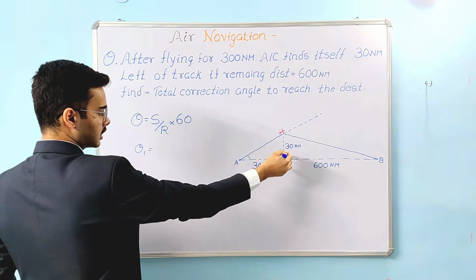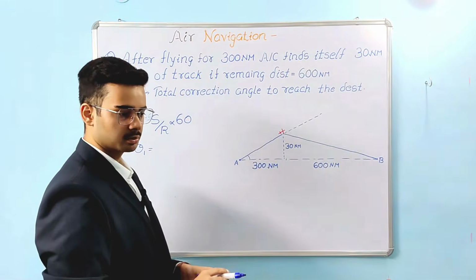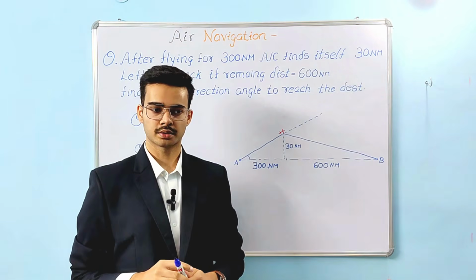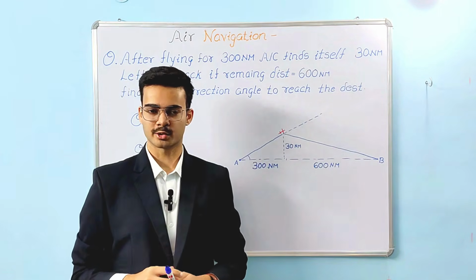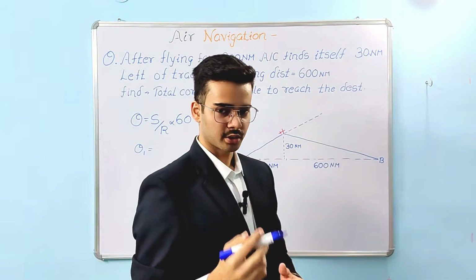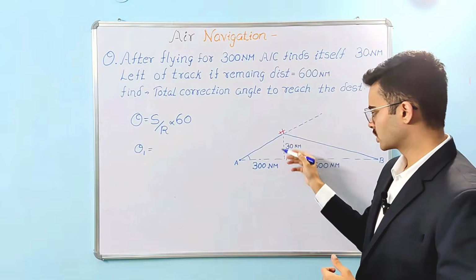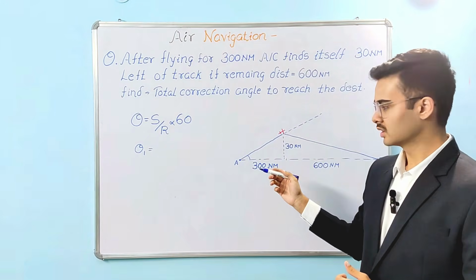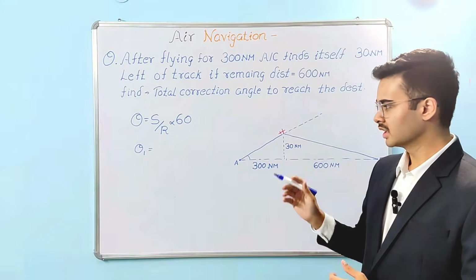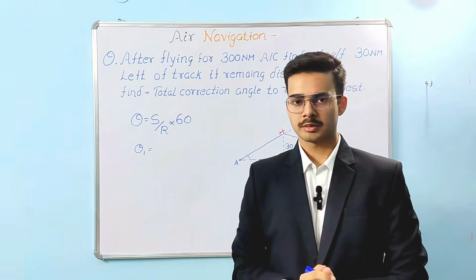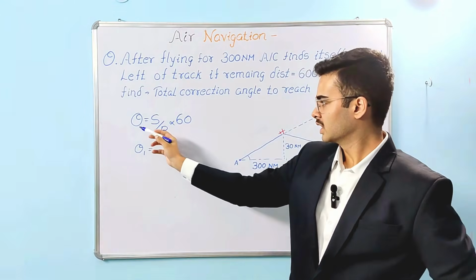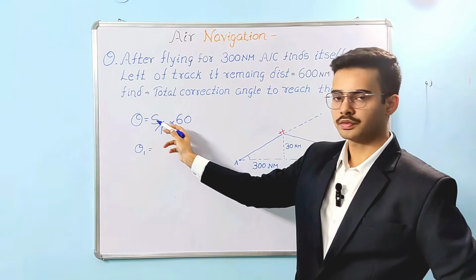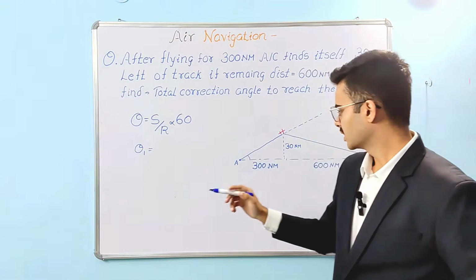S is 30 nautical miles. Again, one more thing, a lot of students and sometimes me also, whenever I face a question like this, I forget which one was supposed to be S. Was it this or was it this? Just a trick to remember: in the formula you see now, S is right in front of theta, the angle.